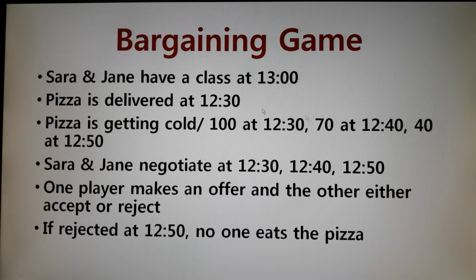If Sarah and Jane divide it half and half at 12:40, it's 35. Likewise, at 12:50, the value is 40. If Sarah and Jane wait 20 minutes after the delivery and eat the pizza, each would enjoy 20, because the sum should be 40 when the time is 12:50. Understood? This is very realistic.